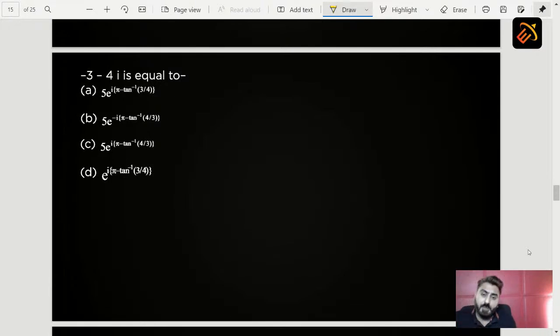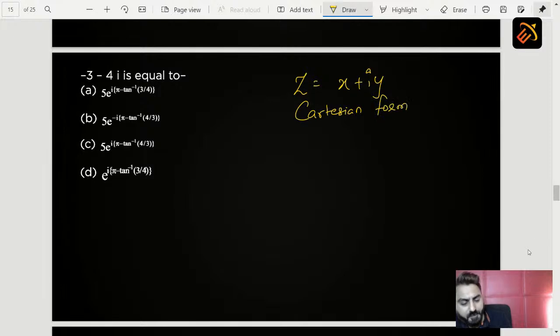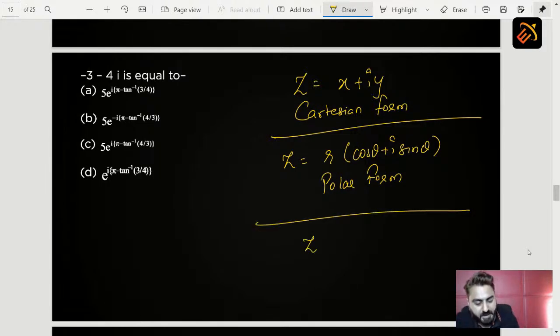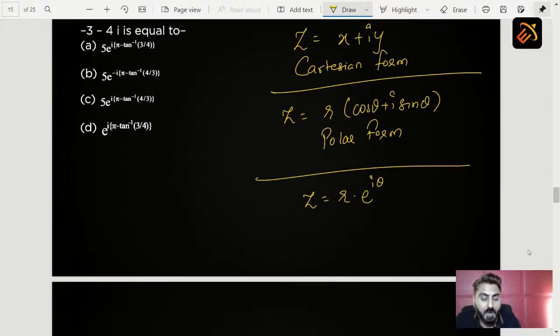but, सबसे पहले तो स्टैंडर्ड फॉर्म ऑफ कॉम्प्लेक्स नंबर z इज इक्वल टू x प्लस i y. कौन सा फॉर्म? कार्टेशियन फॉर्म. फिर z इज इक्वल टू r इंटू cos theta प्लस i sin theta. कौन सा फॉर्म? पोलर फॉर्म. अभी एक और फॉर्म है which is z is equal to r into e raised to i theta. ये जो फॉर्म है that is called Euler's form, or you can say exponent form.